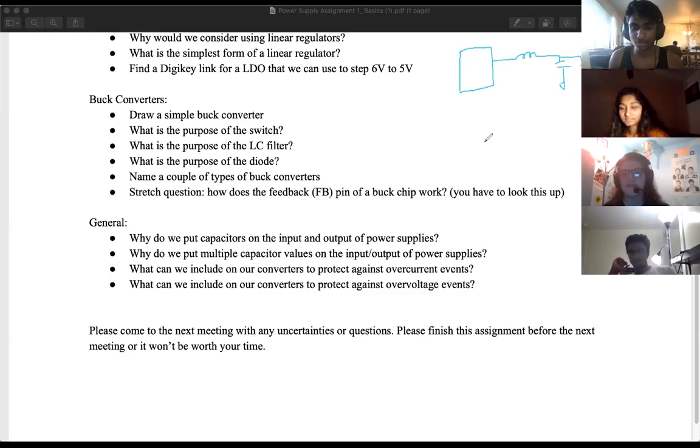The switching is happening in here, so don't worry about that. This node is called Vout. What can we say about the voltage here, here, here, and here?